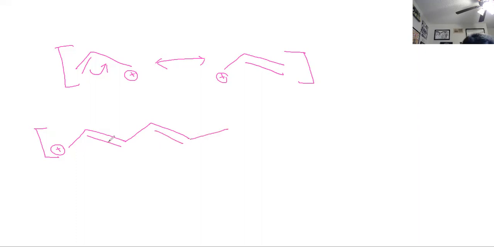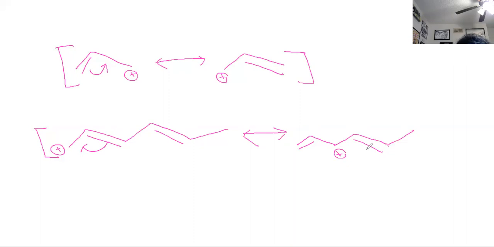So we can move this one here. So that would give us a plus charge right here now. And now we have a pi bond right here. We still have our other pi bond right here.